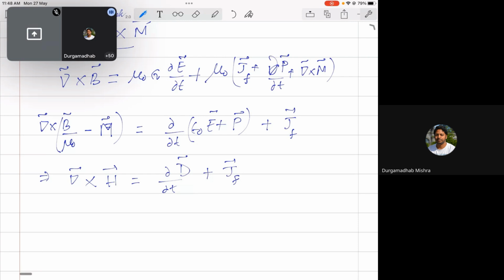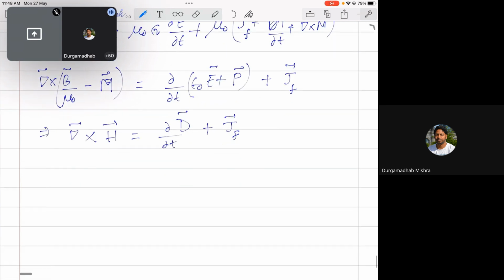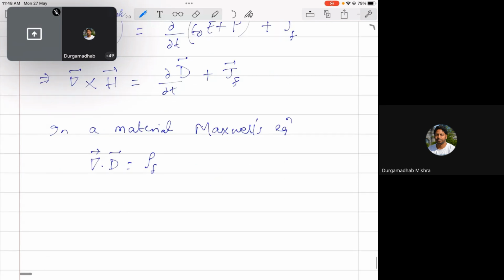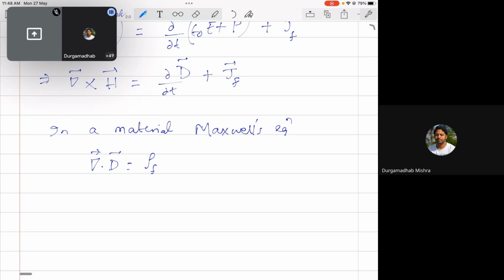To summarize all these equations in a material, Maxwell's equations will be: del dot D is equal to rho_F. You have to specifically say this is a free charge we are talking about in materials. Del dot B will be 0, remains unchanged.